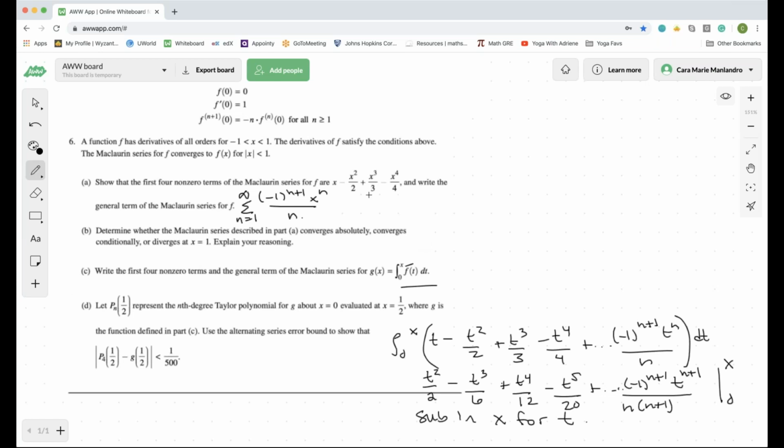Technically, that's not correct. Okay. This is the fundamental theorem of calculus. Well, one of them. Okay.